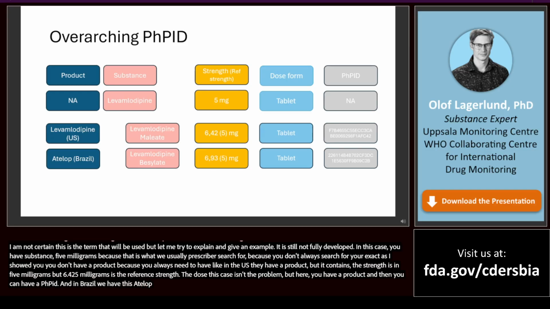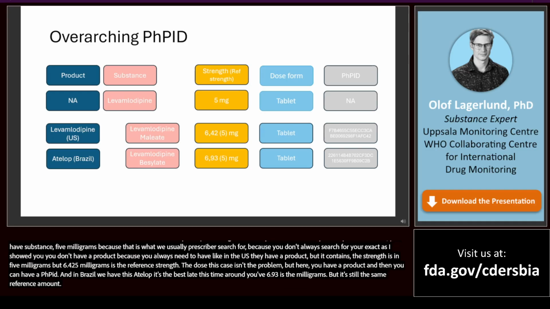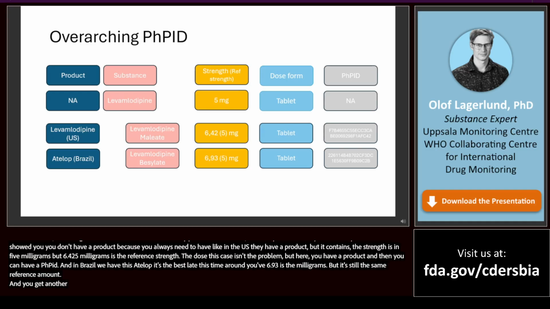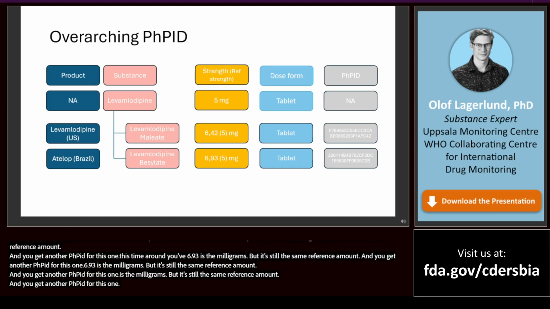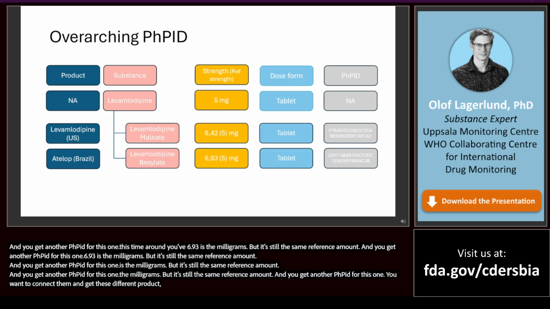And you have 6.93 milligrams instead, but it's still the same reference amount, right? And you get another PhPID for this one. And you want these to be connected. This is a way to connect them, perhaps: you want to be able to search for levamlodipine and then get all these different products with the different salts in them.